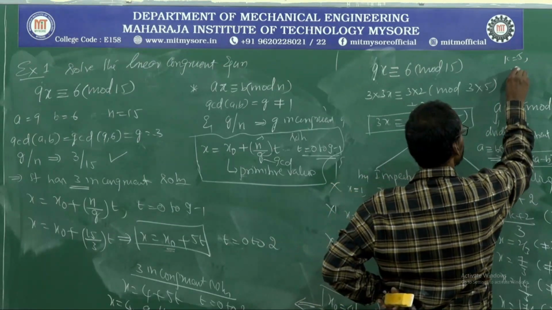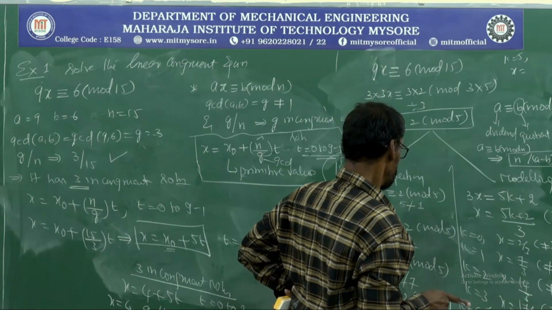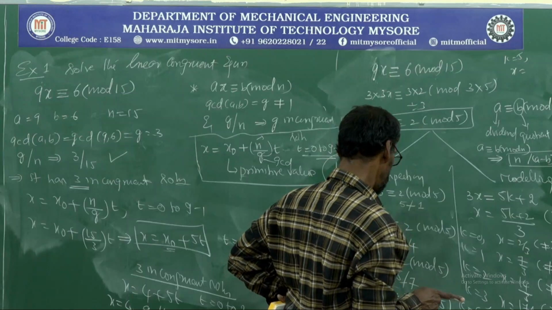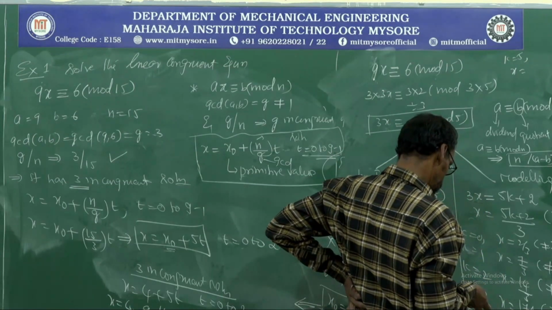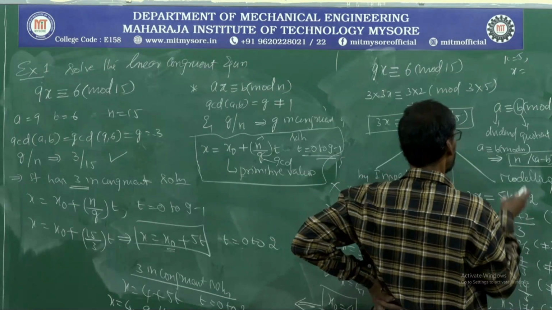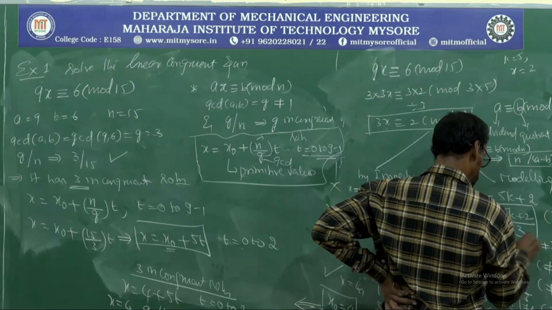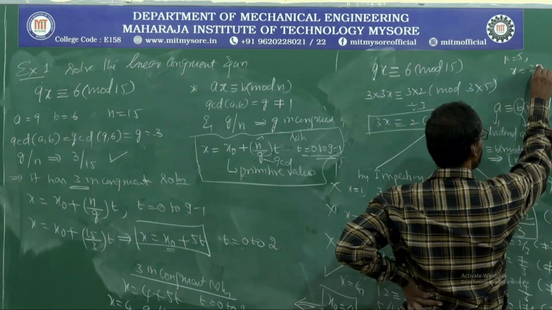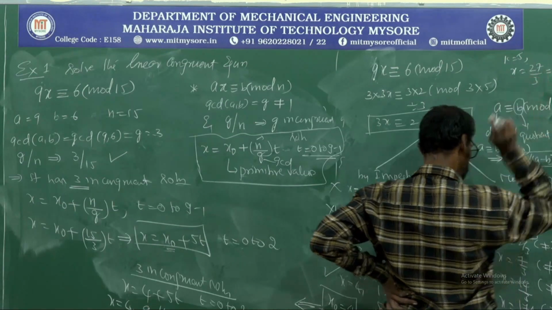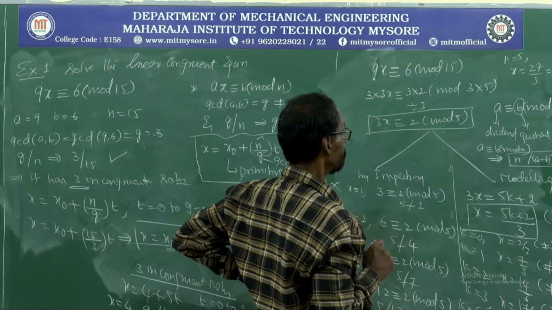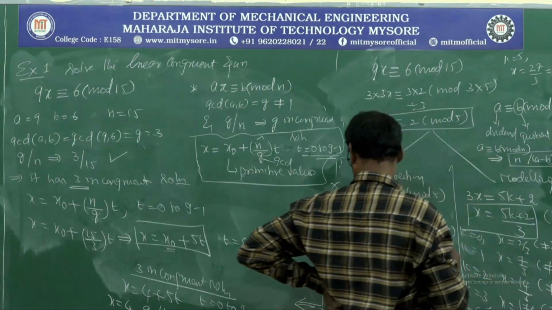We have x equal to 5 5s are 25, plus 2, 27 by 3. Yes, I got 27 by 3, which divides, it is going to be 9.